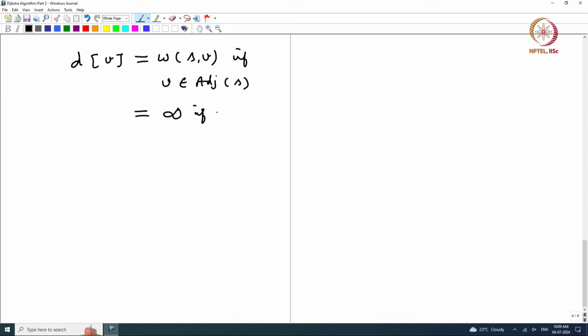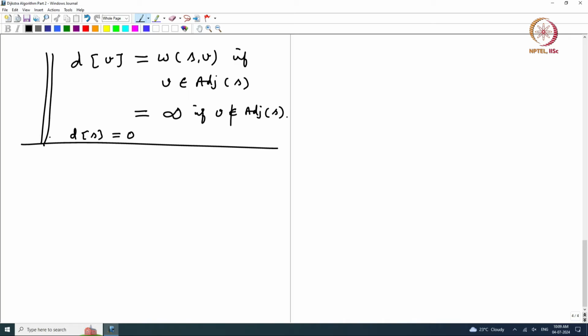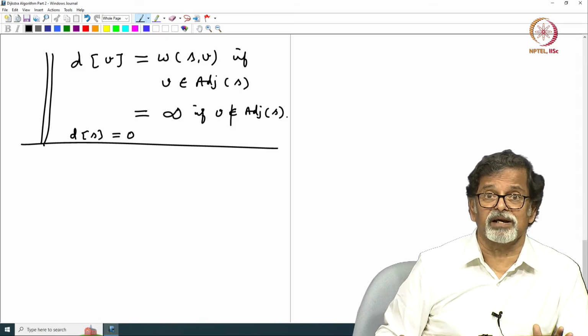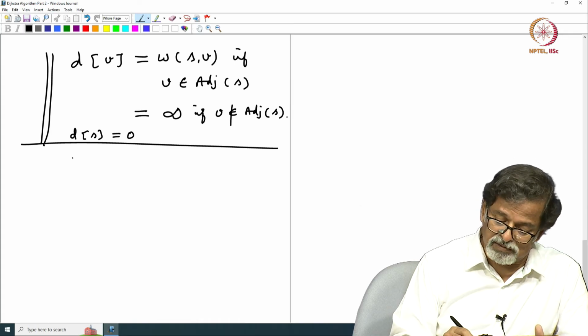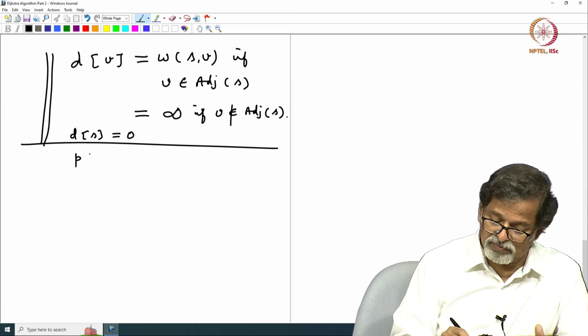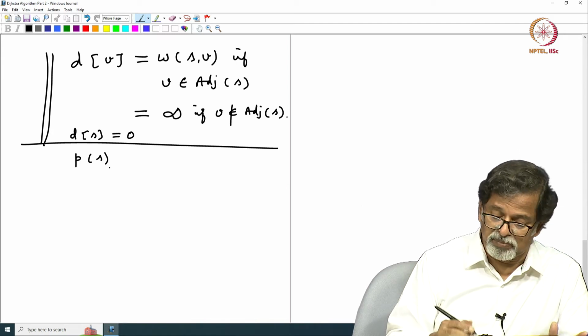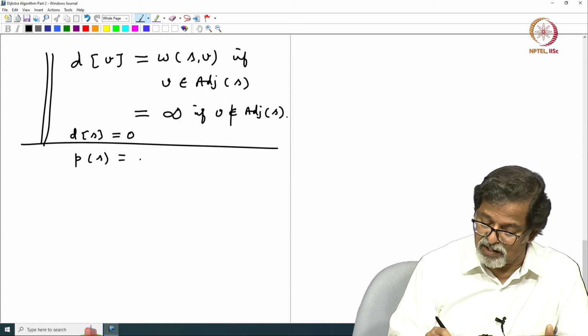It is equal to infinity if v does not belong to adjacency of s. This is the way you initialize, and d of s is 0. So the d array is initialized like this, and what about the previous array? Previous of s is undefined.